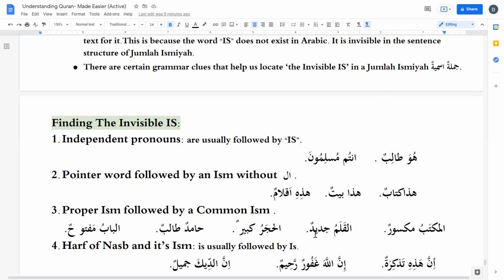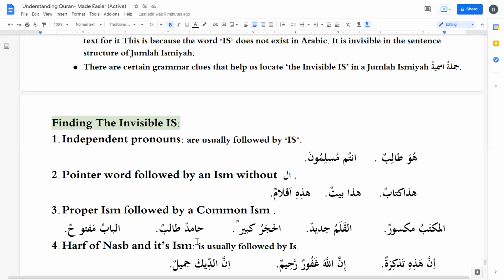And remember we also learned that if the khabar is single, then usually it's nakira, or common. Al-qalamu jadidun. Al-hajaru kabirun, again proper and common. So al-hajaru kabirun, the stone is big. The rock is big. Hamidun talibun.